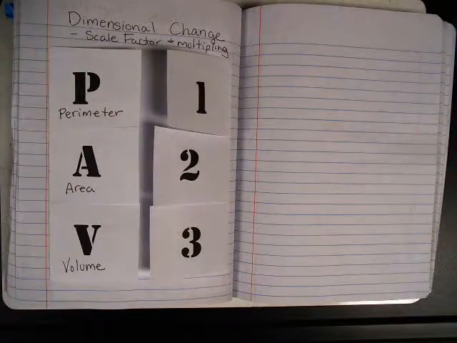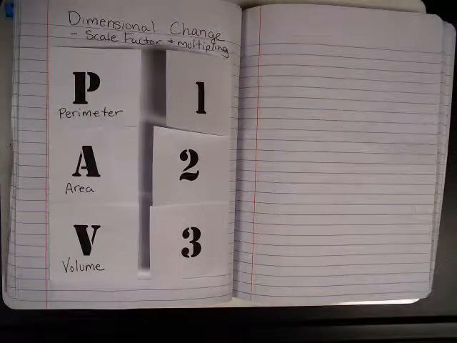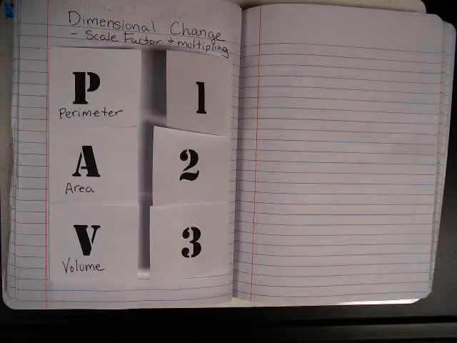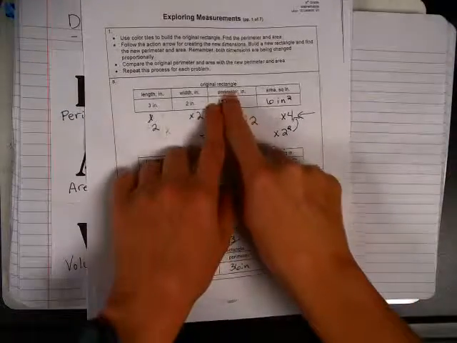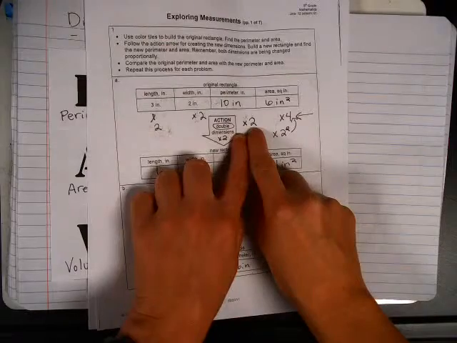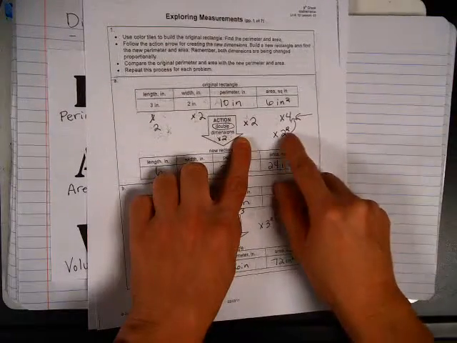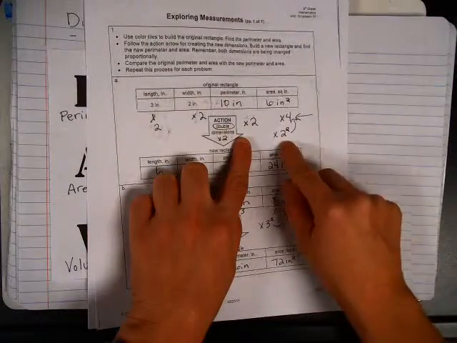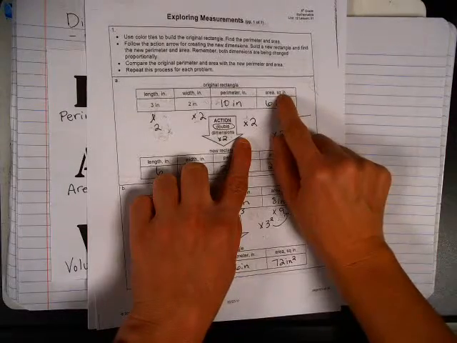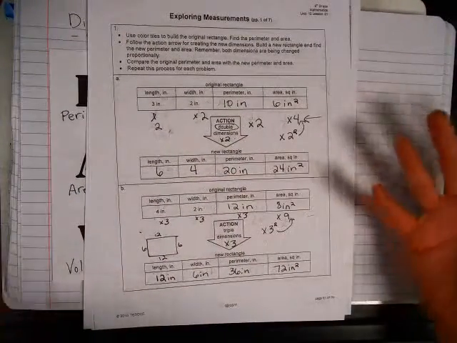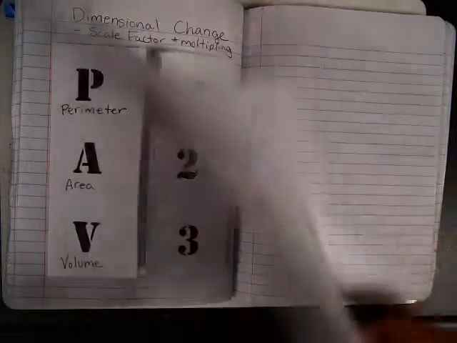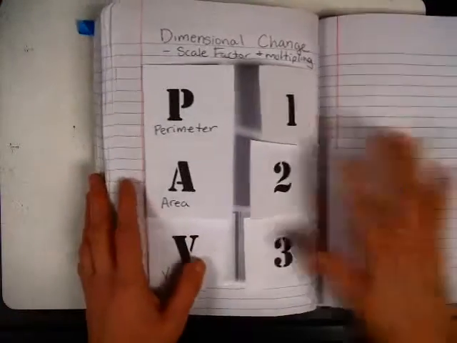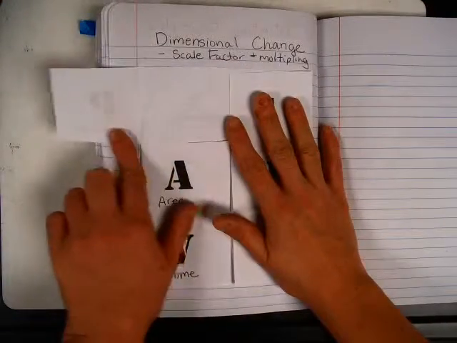When you looked at your paper that we did, notice the scale factor for perimeter stays the same, but it squares for area. That should make sense because area is in a squared unit.